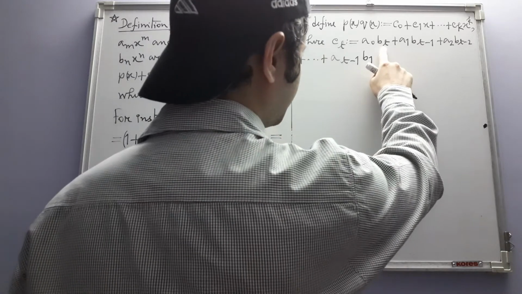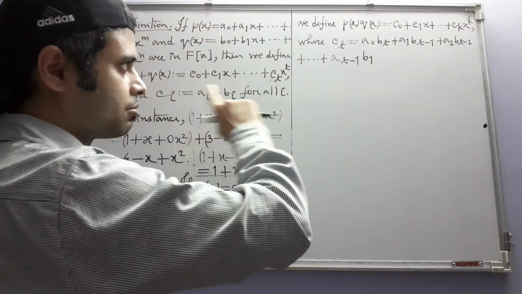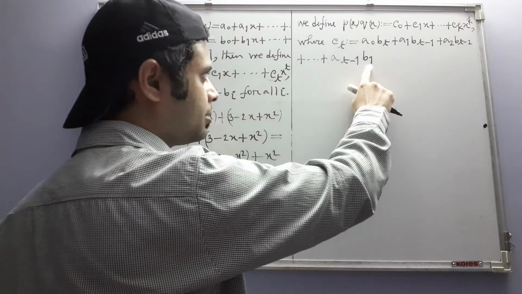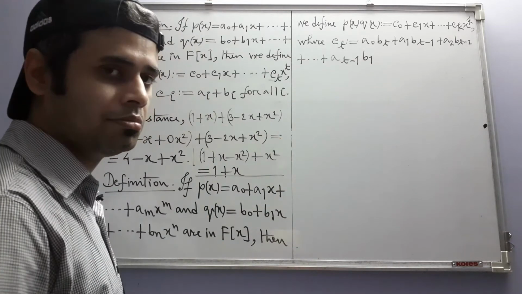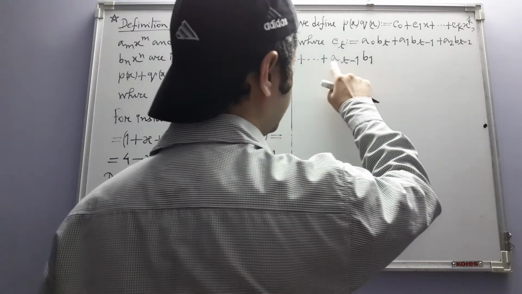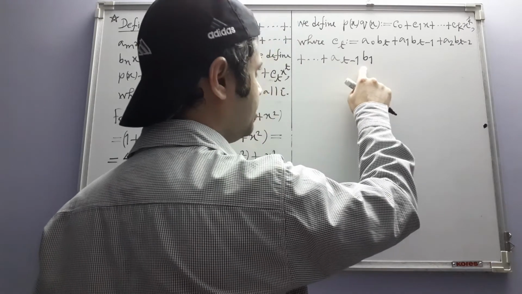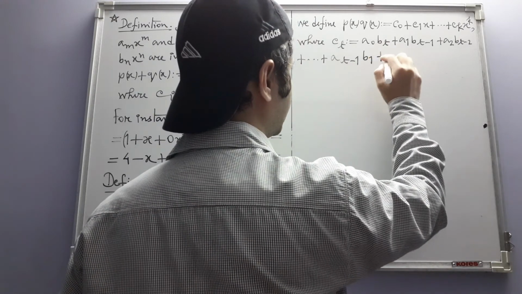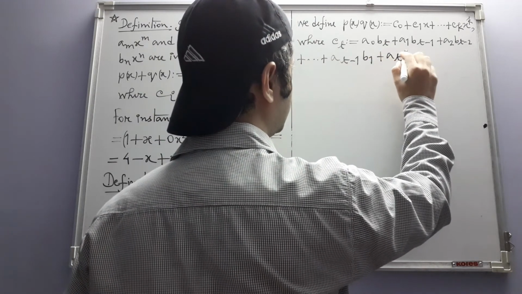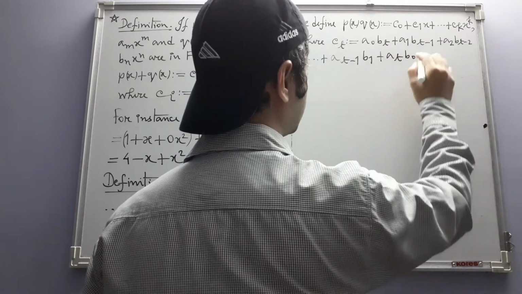The suffix of b continues to decrease and it will reach this stage b1, and correspondingly we have a t minus 1. After that a t b naught.